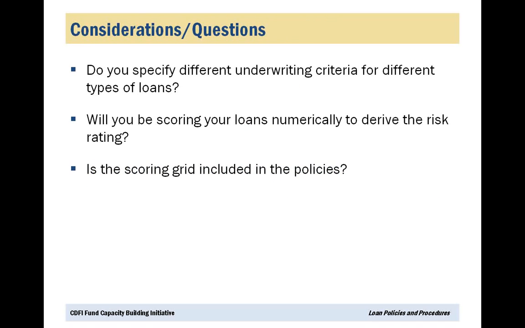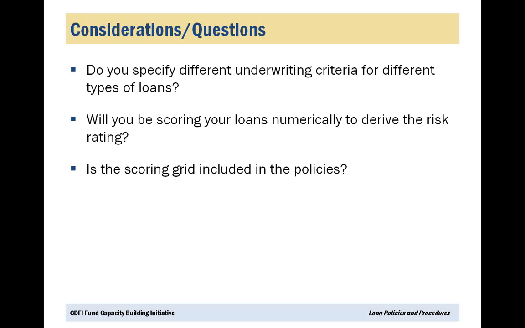Well, there are 2 different kinds of scoring, and a little later we're going to get into risk scoring of the loans. But there are some loan funds that every time they underwrite a loan, they have a scoring system where they score the loan and they get a number or a letter, and then they turn that into their risk rating.